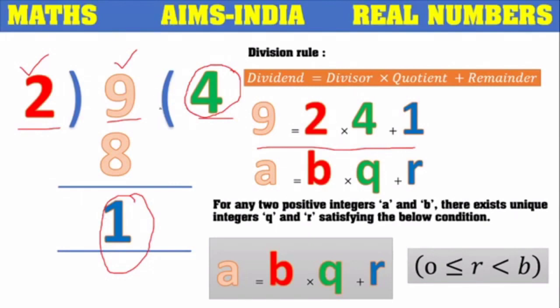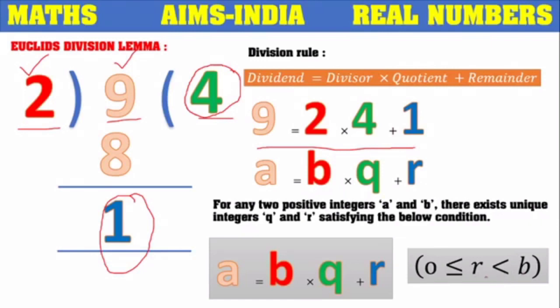So according to Euclid's division lemma, for any two positive integers a and b, there exist unique integers q and r satisfying the normal division rule. But one condition we have to remember: 0 is less than or equal to r, and r is less than b.